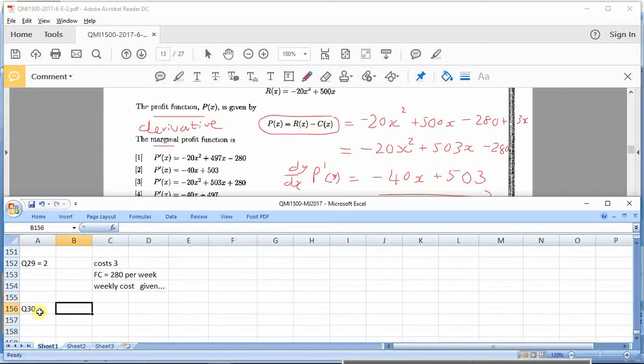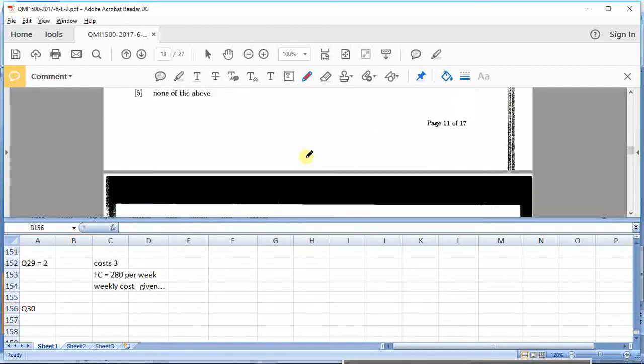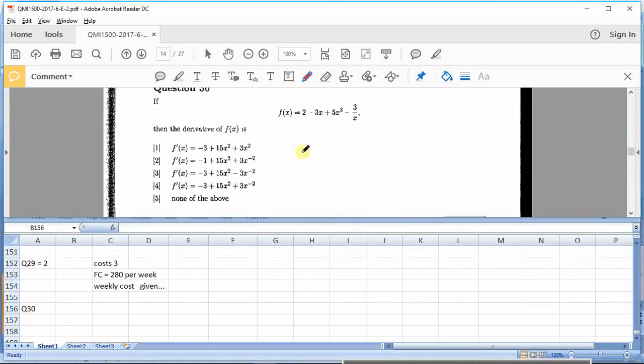Make sense? Yeah. Okay, cool. Last one. What is the derivative of that? Let's just derive this. F dashed x is going to equal... the 2 drops away. That has a constant of 1, so 1 times minus 3 is minus 3.